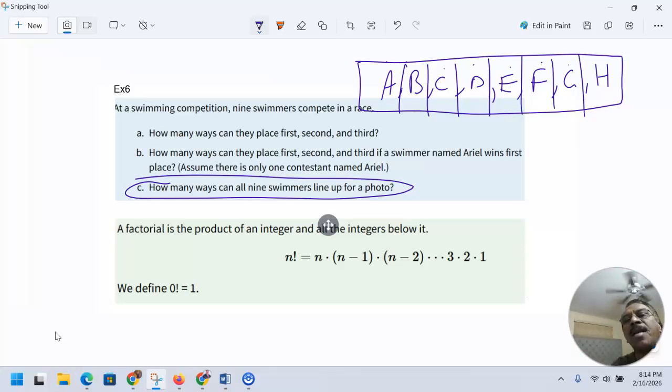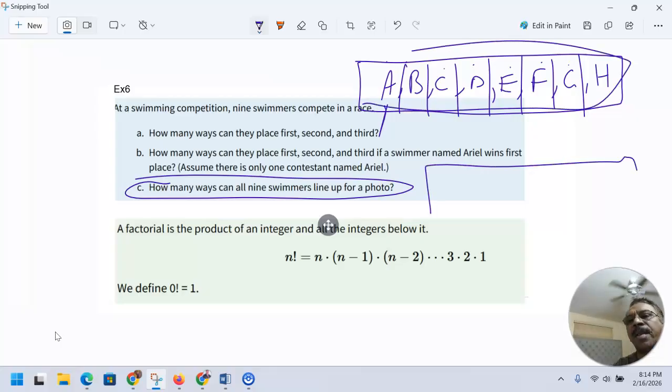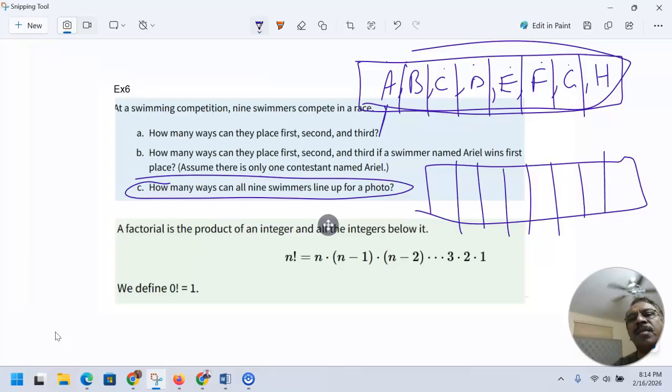Now remember again, you use the fundamental principle of counting. So the first place could have been any one of these 9, and you want to put them in the positions like this. The first position could have been 1, 2, 3, 4, 5, 6, 7, 8, and oh, 9.